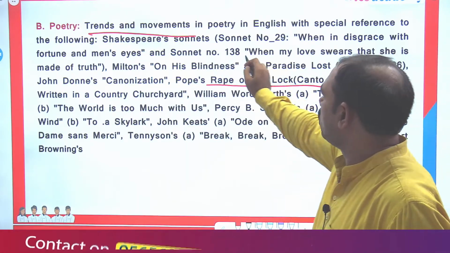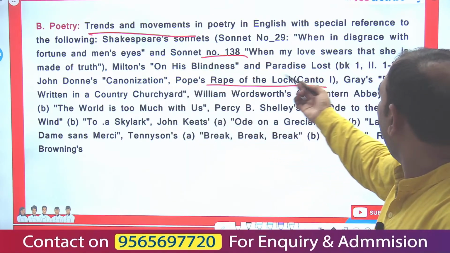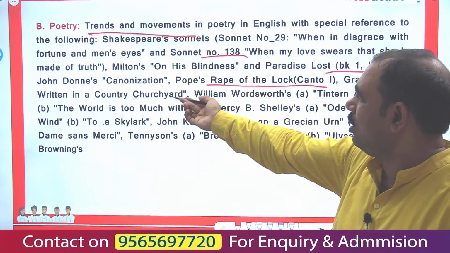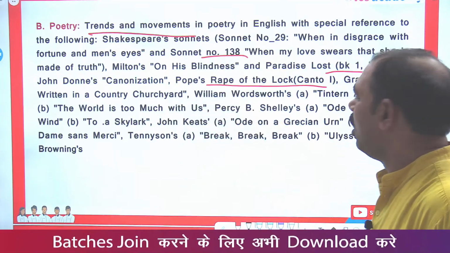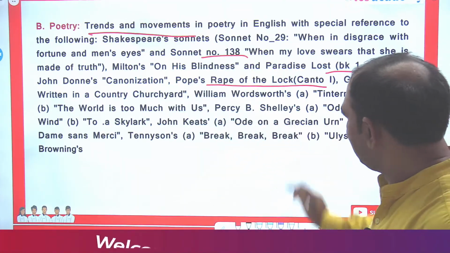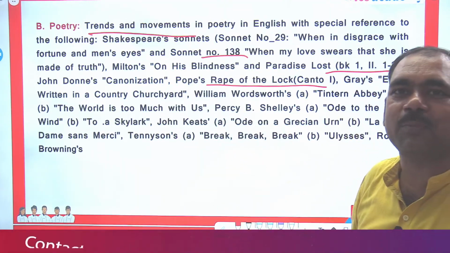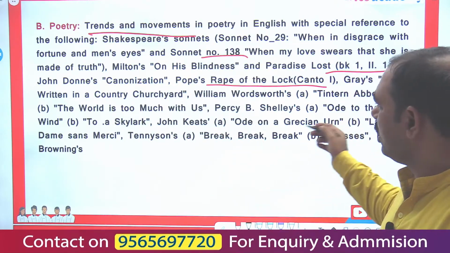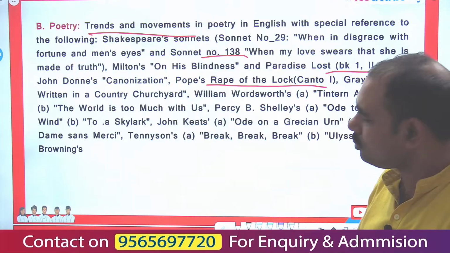Sonnet 29, sonnet 138, and Paradise Lost, On His Blindness, John Donne's Canonization, Pope's Rape of the Lock, Gray's Elegy Written in a Country Churchyard. These are the names of the poems which are part of this syllabus. So this you can see and take the details.